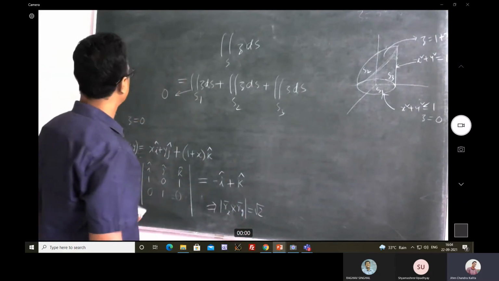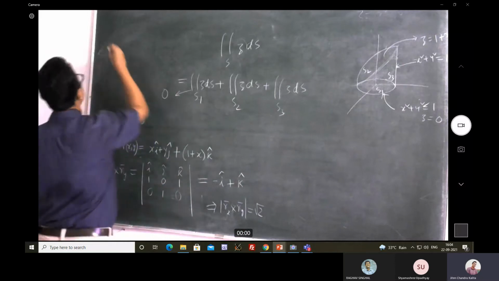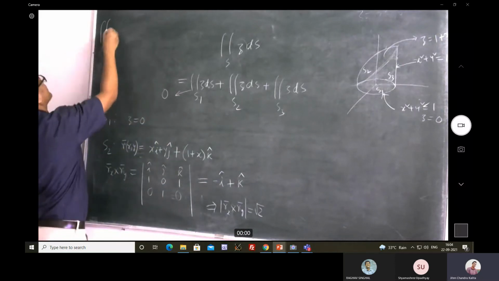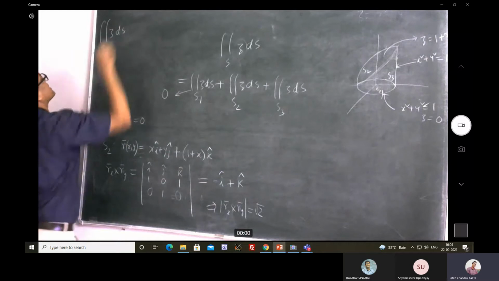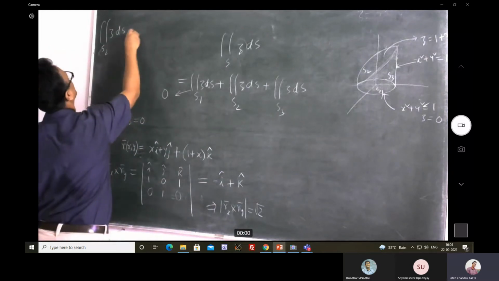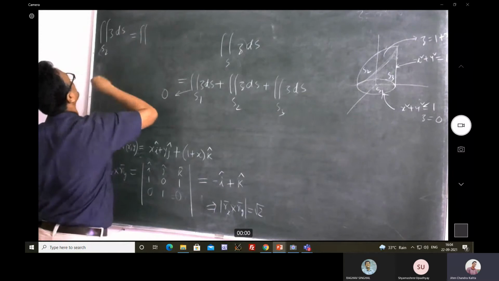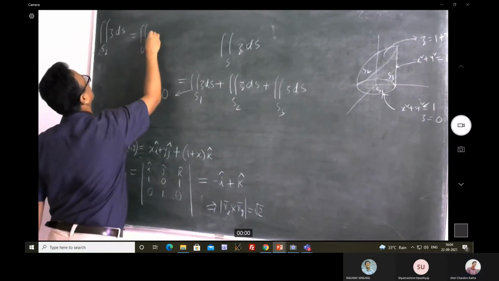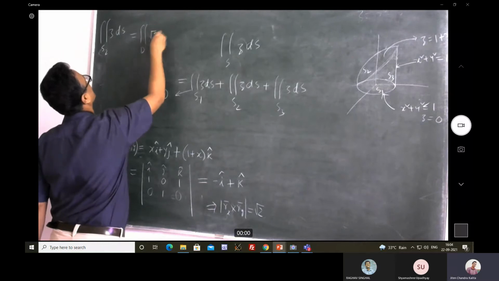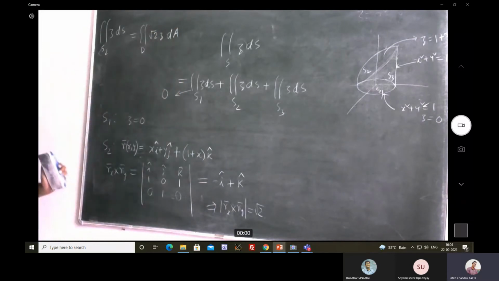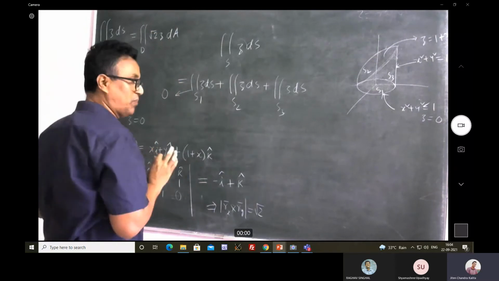So if I want to evaluate over S2, then dS is simply going to be square root 2 dA.